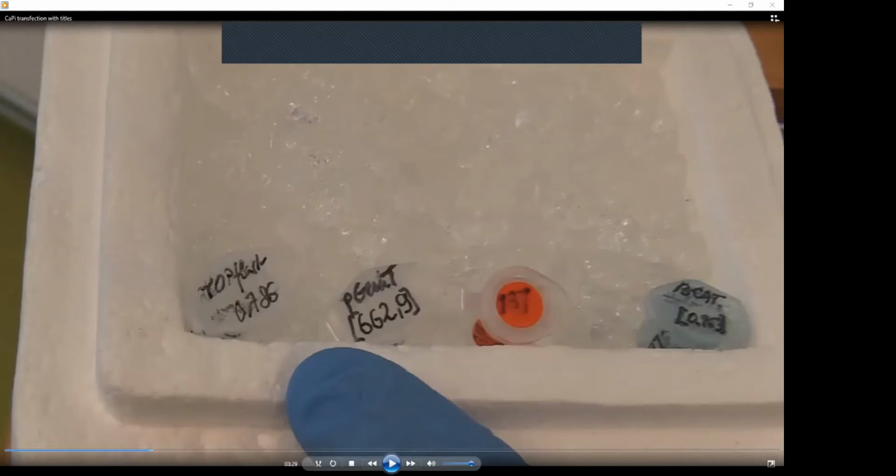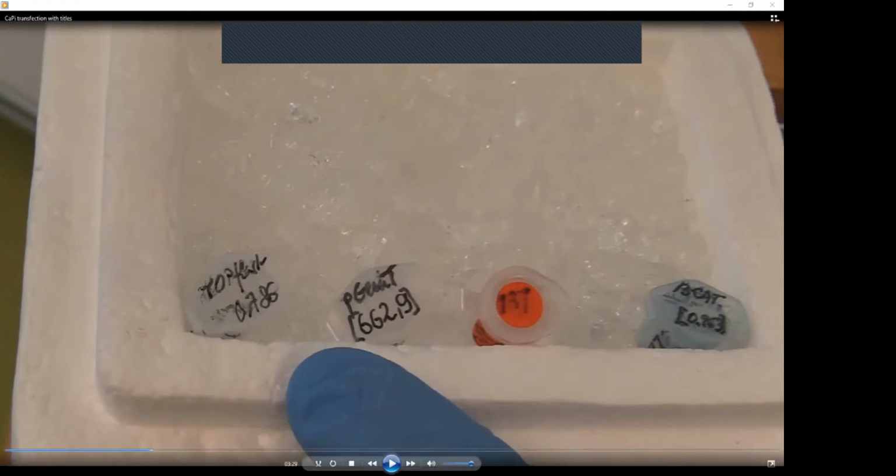So this is the construct with T7, and we want to simulate the situation in wild type cells by overexpression of T7, to do this so-called rescue experiment. And we know how much we want to use of T7. For the other sample, which is our control, we will add pGEMT, the empty plasmid vector, instead of T7, to have the same ratio between the DNA and the transfection reagent.